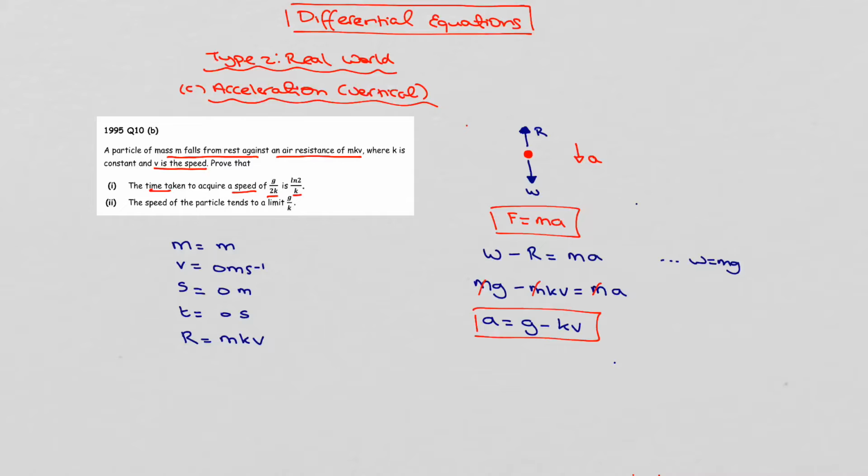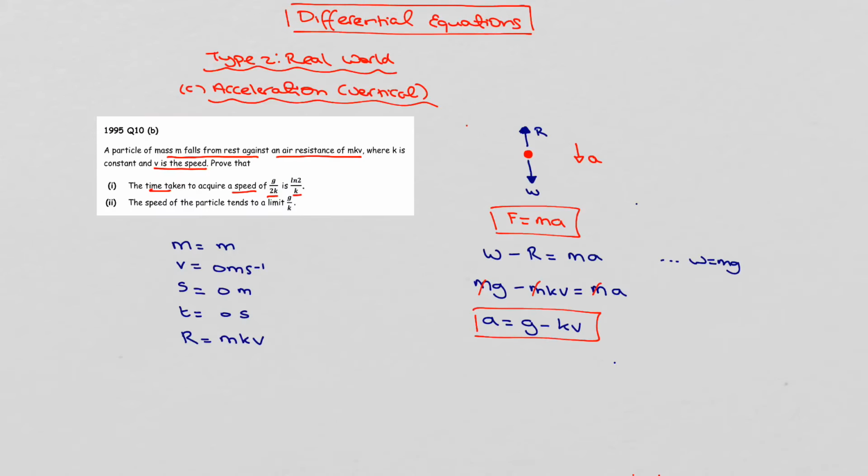Okay, so if I now look at my start and my end limits, I can then decide how I'm going to use my acceleration formula. So at the start, I know that the velocity is 0, starting from rest, and the time is 0.